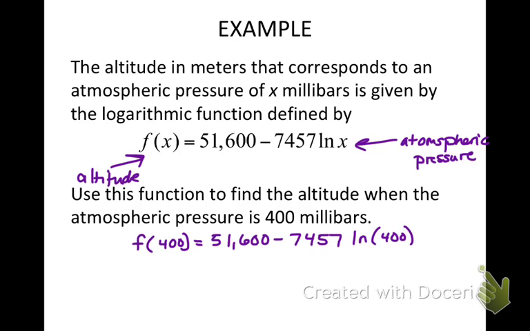On the graphing calculator, I would just throw that all in one shot because it will do order of operations for me. So 51,600 minus 7,457 times the natural log of 400 gets me a final answer. My altitude at 400 is 6,921.6. Do we know units? Meters.